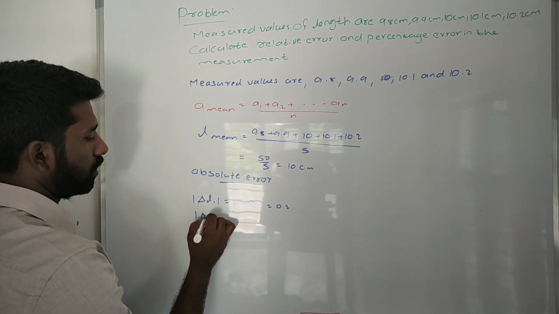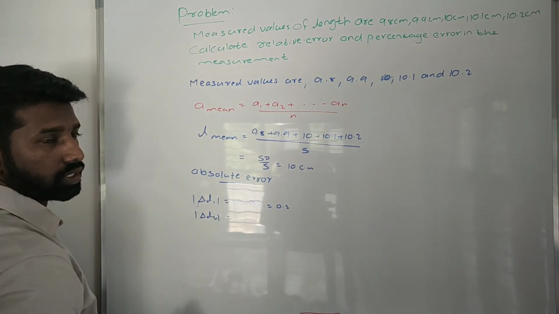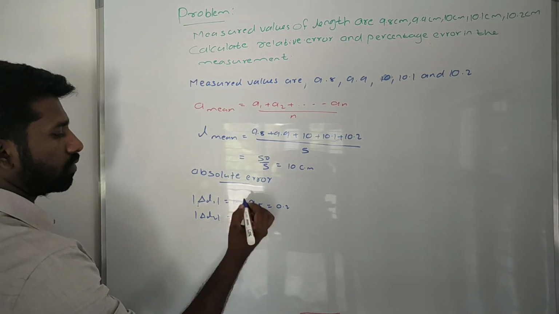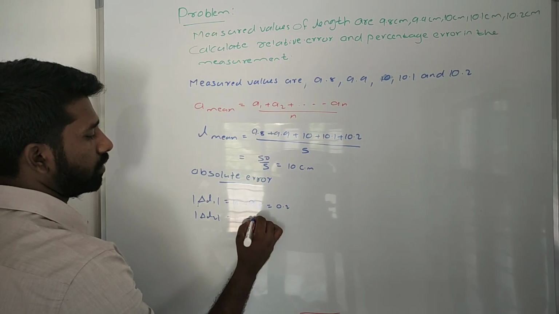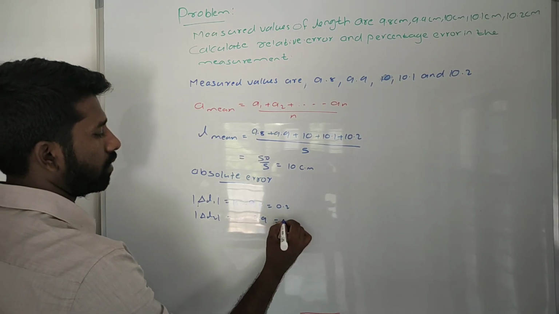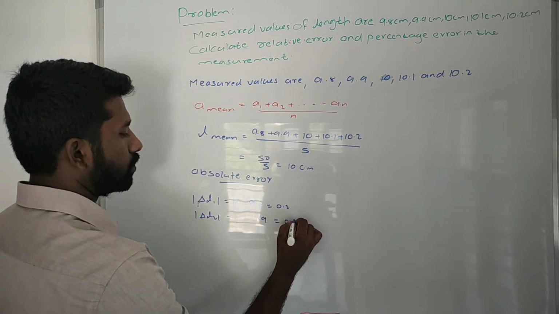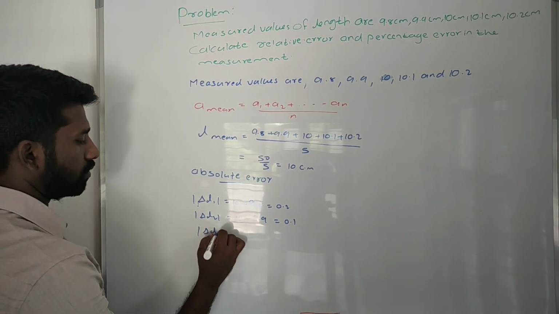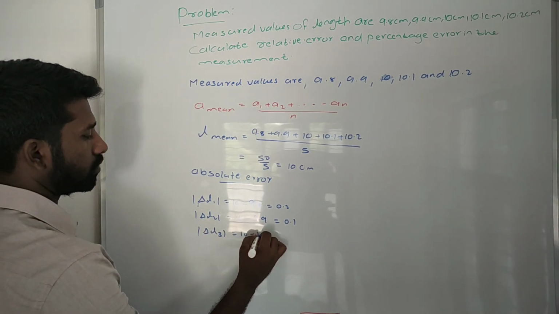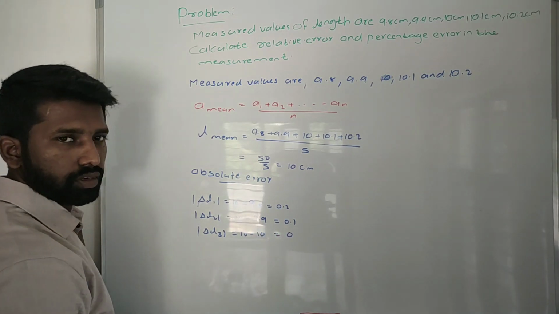Next, delta L2 is the absolute error in the second measurement. True value 10 minus 9.9, that is 0.1. Next, delta L3 is 10 minus 10, that is equal to 0.